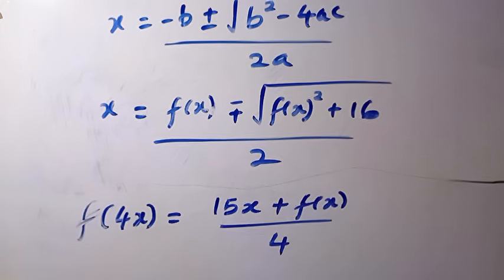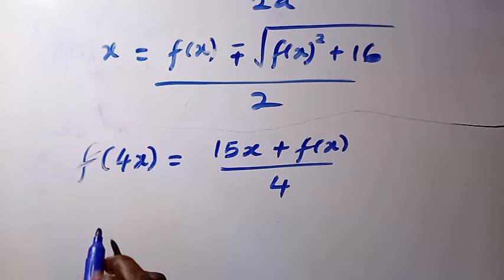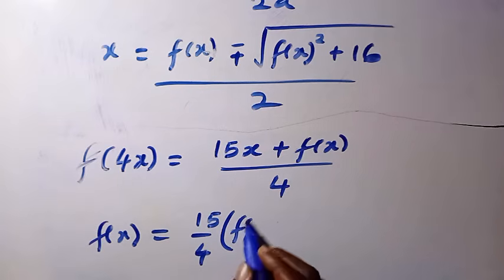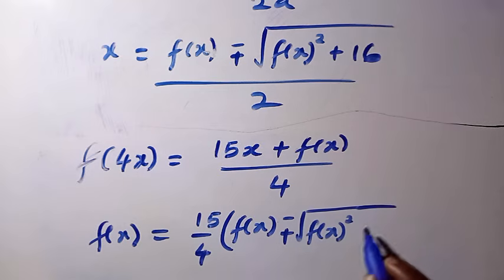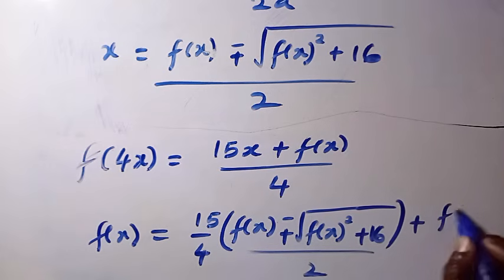By replacing x with the whole of this, suppose I divide this separately, 15 over 4 into bracket of x will now be f of x plus or minus the square root of f of x squared plus 16, then all divided by 2, plus f of x divided by 4.